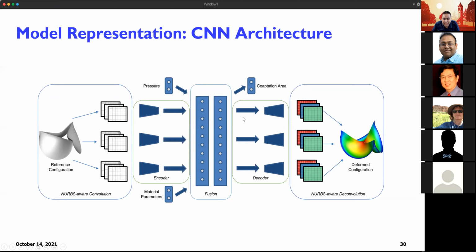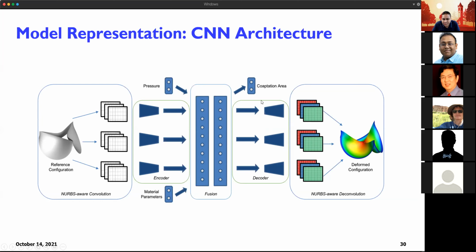This is basically an autoencoder kind of architecture where you have the reference configuration, which has the 3 valve leaflets. Like I said, each of those 3 leaflets can be represented as a set of 3 RGB textures for each of these valves. We pass them to a CNN and create what you call a fusion layer. This is where we add in extra information like the material parameters, thickness of the valve itself, and also the pressure boundary conditions that are applied to the valve.